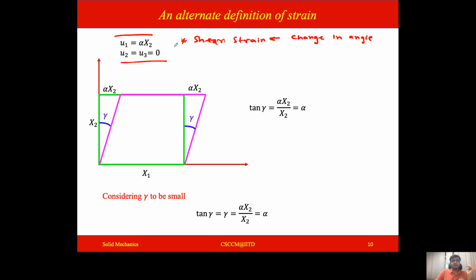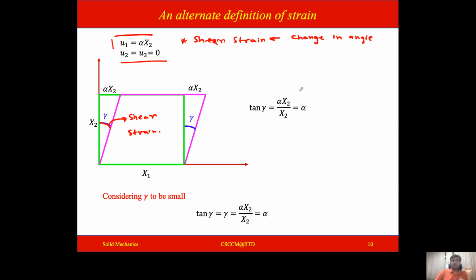So there is only one component. The green line you are seeing is the initial configuration and the magenta line is the final configuration. If this angle is gamma, this is my shear strain. So the total change in angle, you can think of it as shear strain.